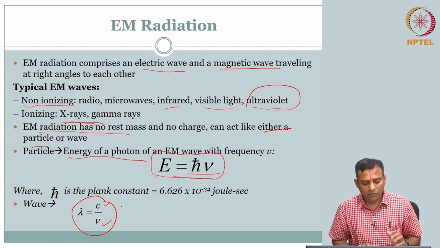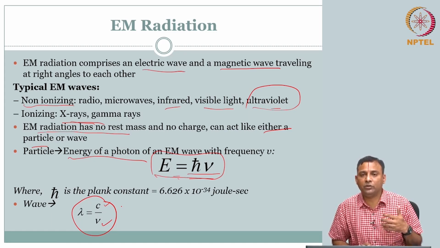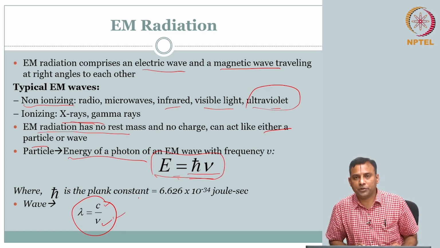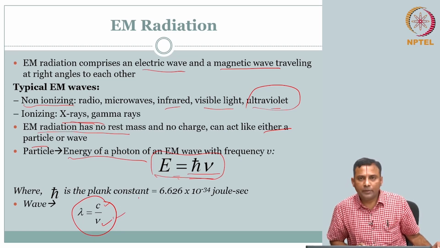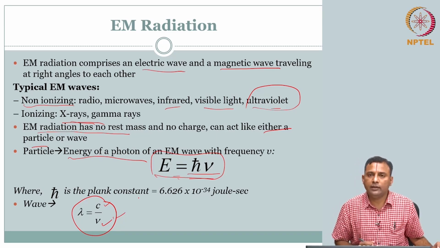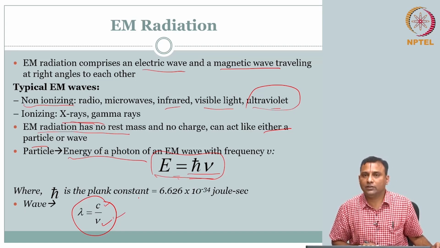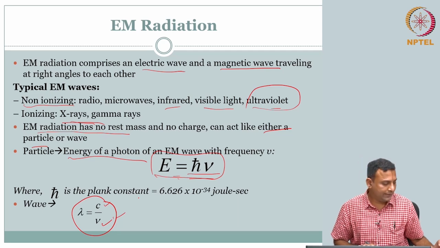Whichever way you remember it, that's fine. This is the way to describe the wave nature. These will be the parameters that will be used. Clear? So let us stop here. What I would like to do is continue further with interactions of this electromagnetic wave with the material. Thanks.